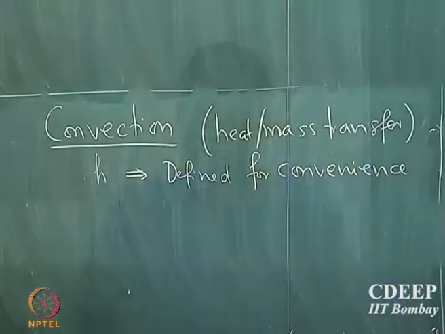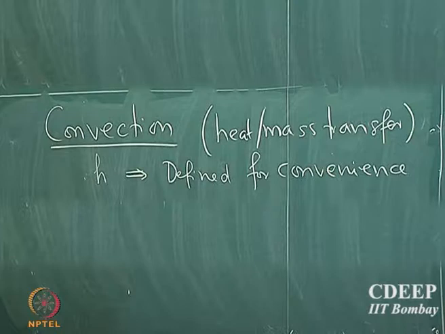The elegant way is to define a transport coefficient, which essentially captures the net amount of heat transported from one fluid to the wall and from the wall to the other fluid. So it is very convenient for understanding the principles behind how heat transport is enhanced by convection, and it also helps in many calculation and design purposes.